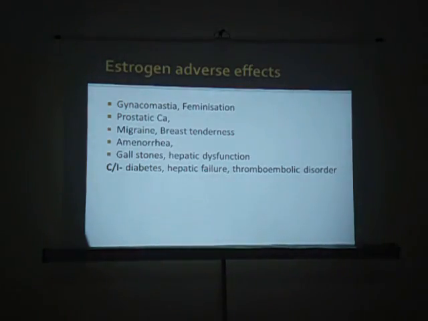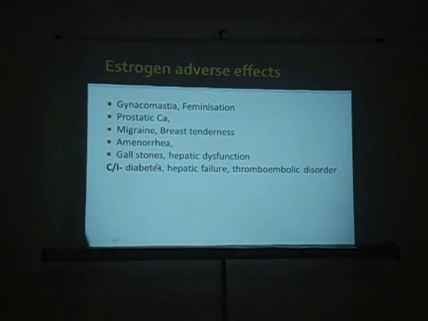So estrogen adverse effects in case of males, when it is used for these prostatic cancers, it can lead to gynecomastia, feminization, and it itself can lead to prostatic cancers, migraine, breast tenderness, amenorrhea.